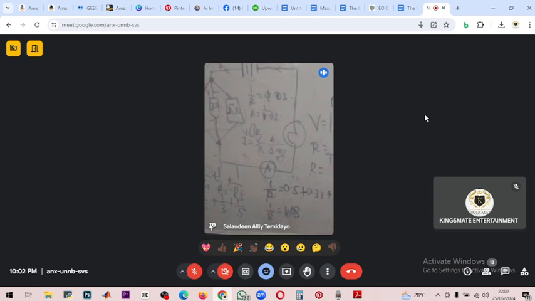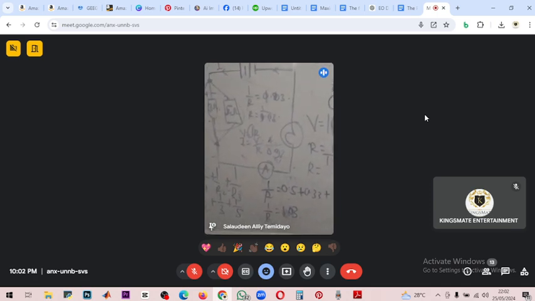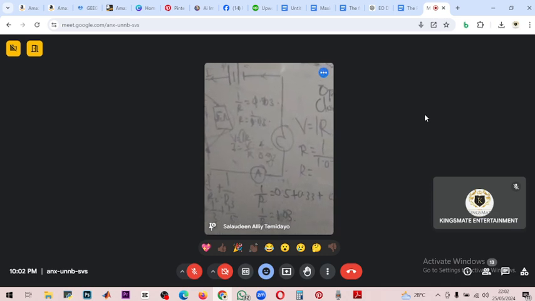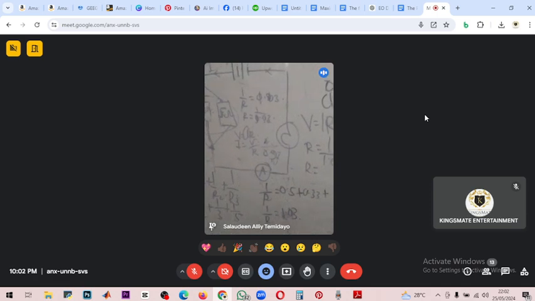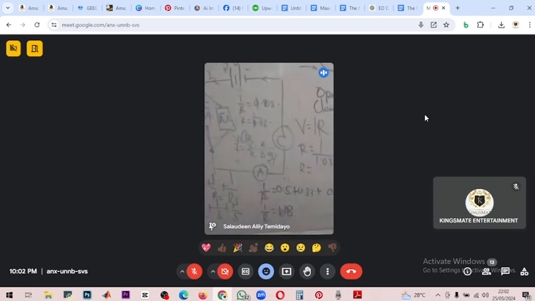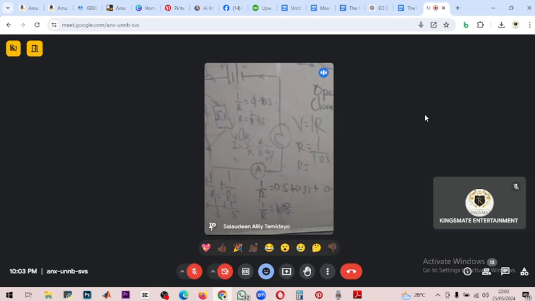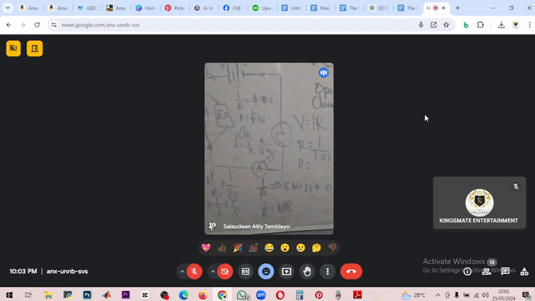The potential difference is the work done in moving electric charge from one point to another. Electric current is the rate of flow of charge, and resistance is the opposition offered to the flow of electric current. So we mentioned Ohm's law.